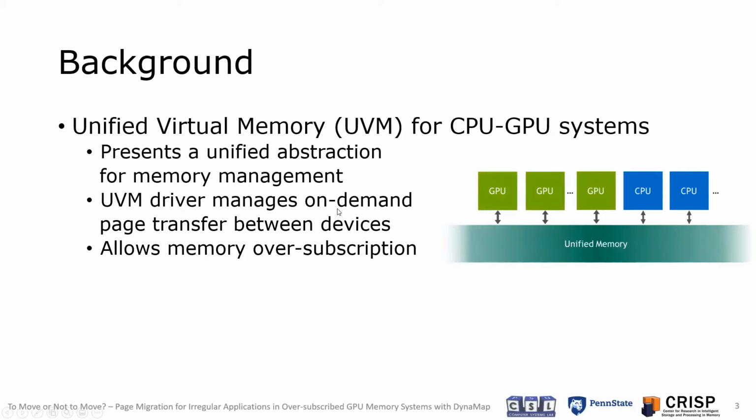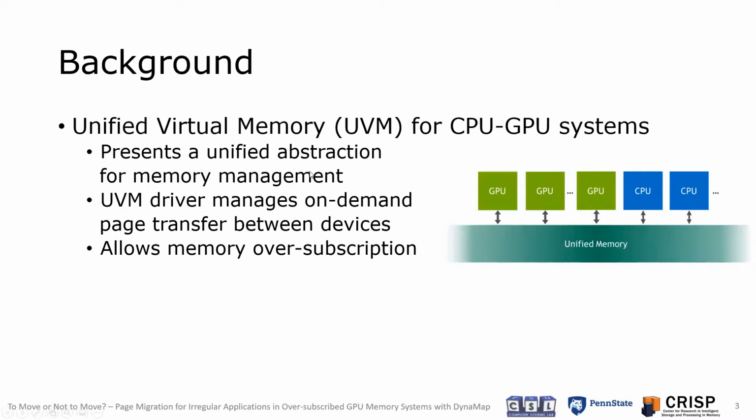Traditionally, to deal with memory oversubscription, programmers have to divide the data set into smaller chunks to fit in the GPU memory. But it will require lots of engineering efforts. To alleviate programmers' burden and make memory oversubscription easier, GPU vendors have developed and implemented unified virtual memory for CPU-GPU systems.